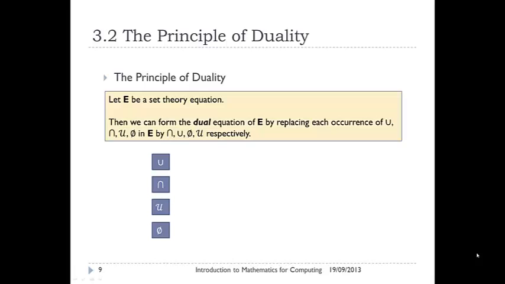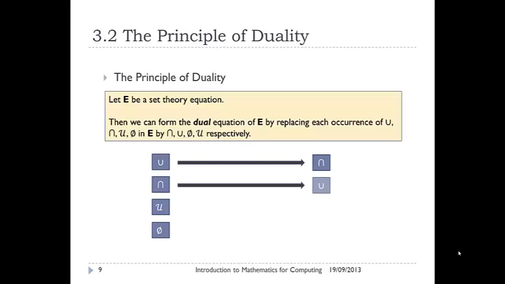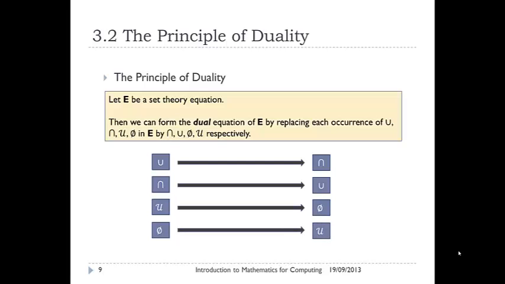So what this is saying to us is, if we have a set theory equation, we can form a new equation by replacing the union operator with the intersection operator, replacing any instances of the intersection operator with the union operator, replacing any reference to the universal set with the null set, and replacing any reference to the null set in the original equation with the universal set.